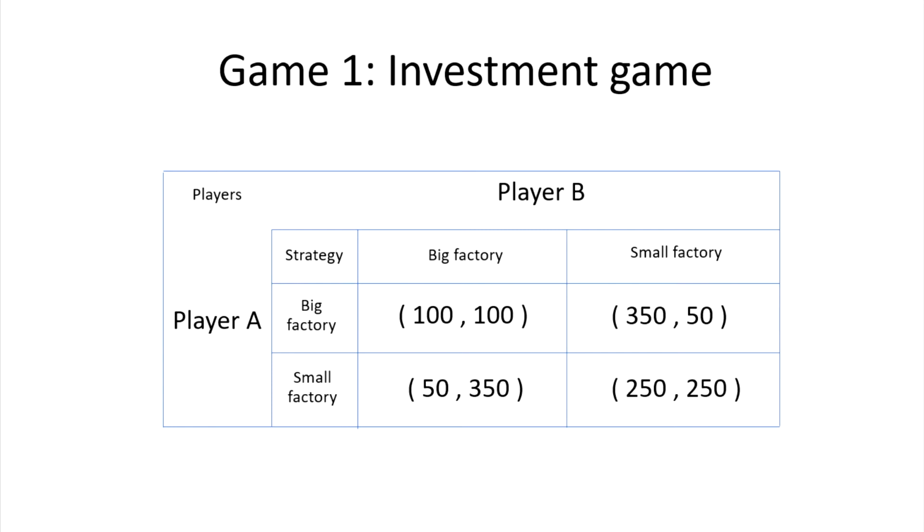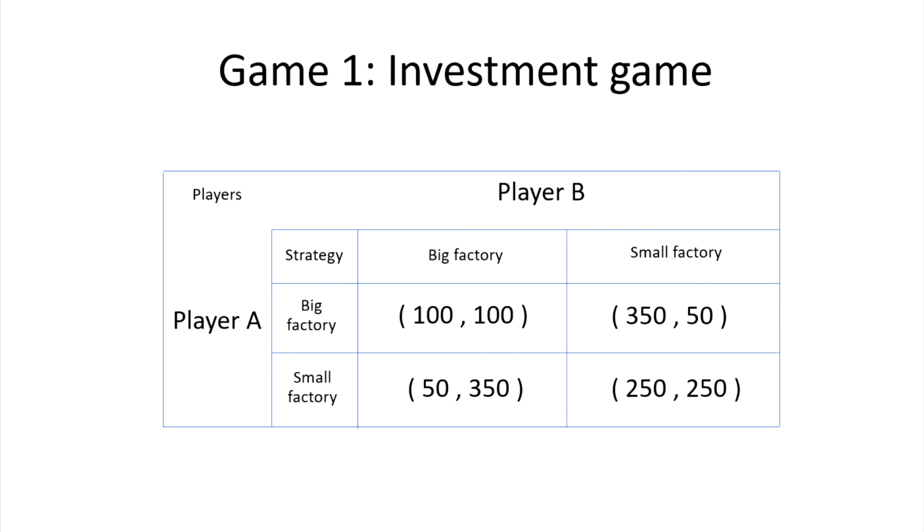They choose at the same time, so it is the simultaneous game. Simultaneous game is player A and player B move at the same time. Now, we look at the payoff in the matrix. You see that if player A built a big factory and player B built a big factory too, they will have just only 100 and 100 million baht for the profit.